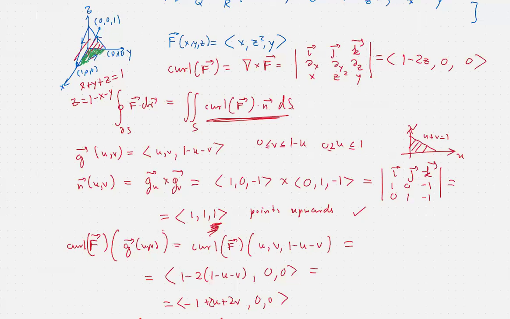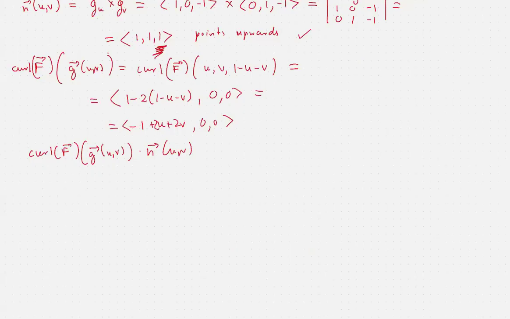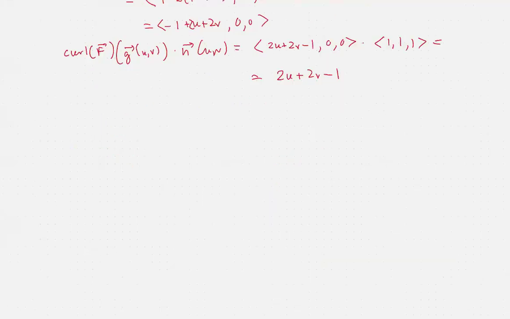So this will be 2u plus 2v minus 1, 0, 0, dot with 1, 1, 1, and this is equal to 2u plus 2v minus 1. And finally, that's our integrand, which means that we will have the integral from 0 to 1 minus u dv, 0 to 1 du, of 2u plus 2v minus 1.